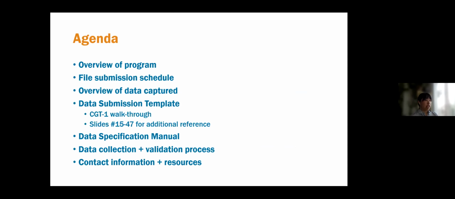So the agenda for today, we're going to zoom out a little bit to talk about an overview of the program to couch where this program came from and why this data is being captured. And then we'll talk about the file submission schedule, an overview of what data is captured in the program, and then we'll zoom in on the data submission template, probably what you're all waiting for.